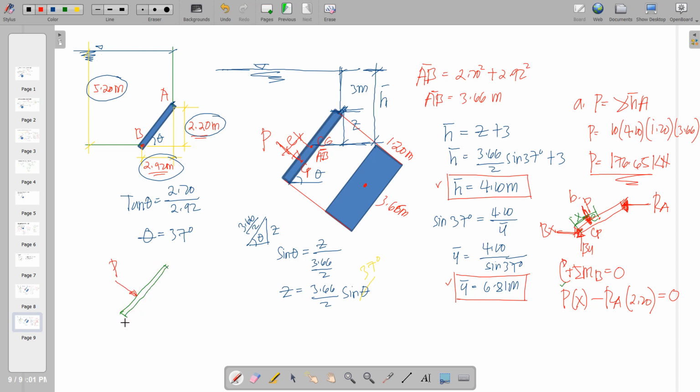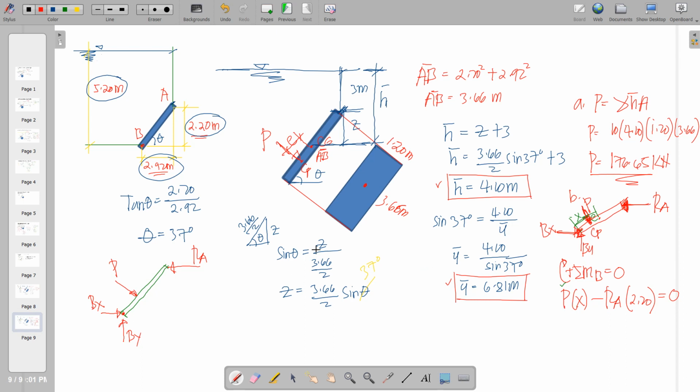We have here the P, say By and Bx, and the reaction at A. So to solve for the reaction at A, we need to take moments about this. So we need to solve for x.